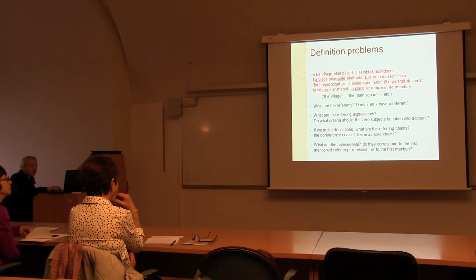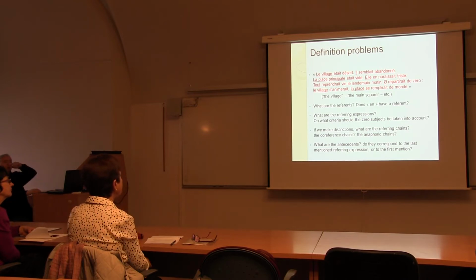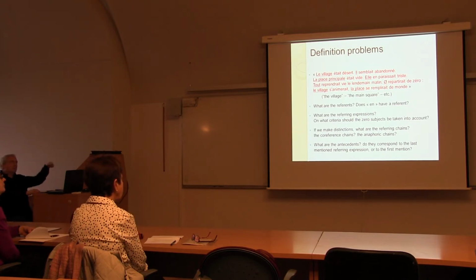It's not the same case here. And do we have to take into account the first mention, so the village here, as the antecedent of La Place, or the most recent one? And it's not the same, in particular, when we annotate the corpus. We can have something like that, or something like that.